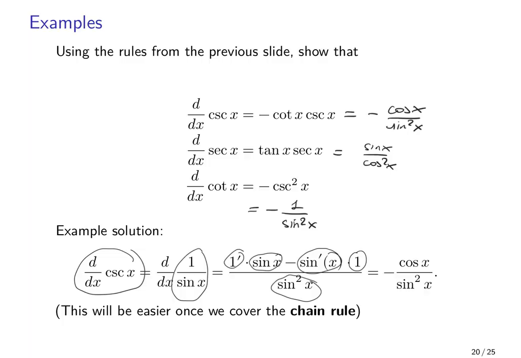And then what is left to do is express that the derivative of the constant 1 is 0. The derivative of sine is cosine x. And your expression simplifies to negative cosine divided by sine squared. As mentioned on the slides and before, this derivation will be even easier once we cover the chain rule.